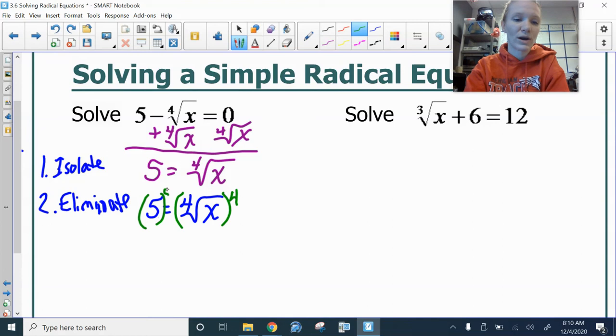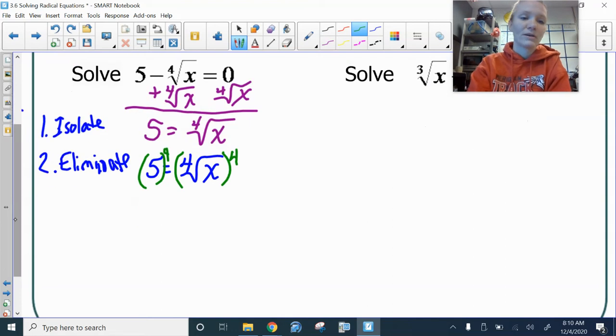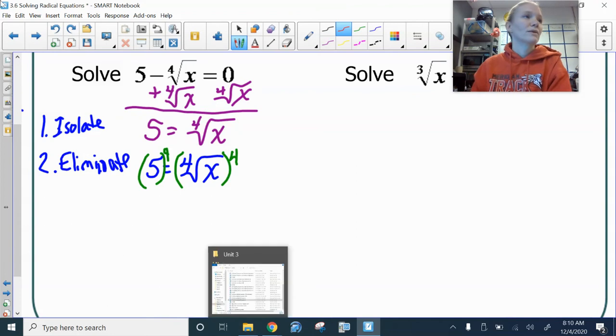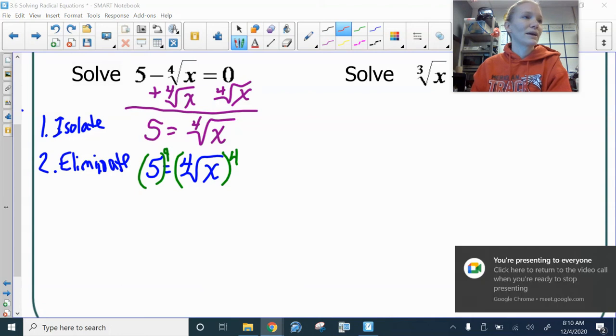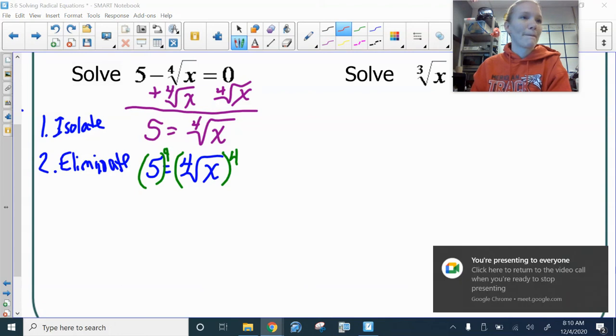Just like if I wanted to get rid of a square root, I would raise it to the 2nd power. If I want to get rid of a 3rd root, I raise it to the 3rd power. 4th root, I raise it to the 4th power. 5th root, I raise it to the 5th power, and on and on. So by doing that, I have to figure out what is 5 to the 4th power. Like, what's the fastest way for me to get my calculator in here?